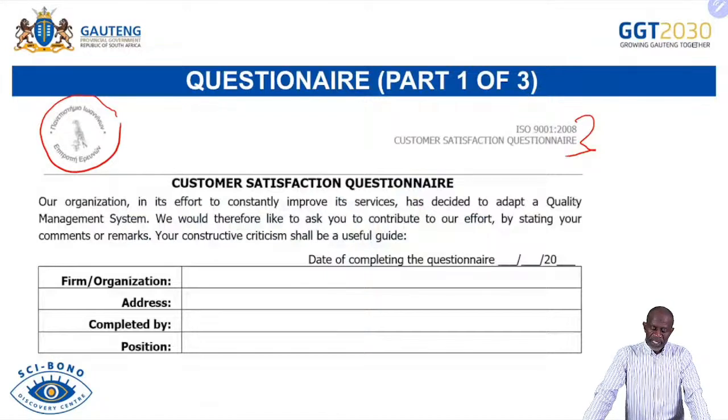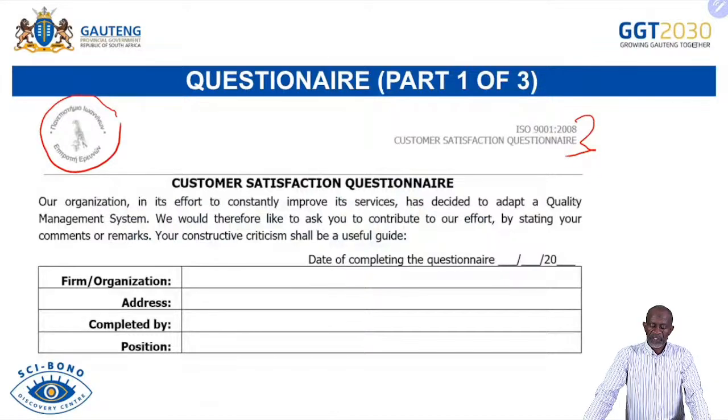If we are to read this one, we would say: our organization, in its effort to constantly improve its service, has decided to adopt a quality management system. We would therefore like to ask you to contribute to our effort by stating your comments or remarks.